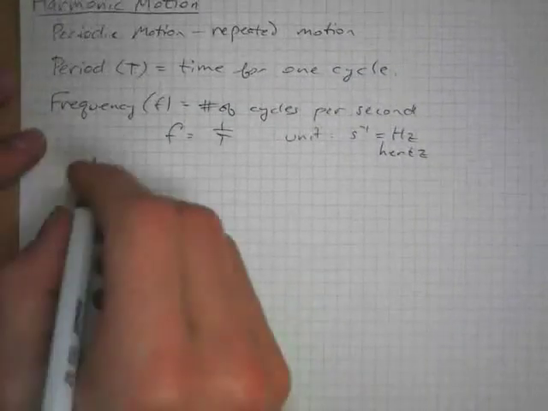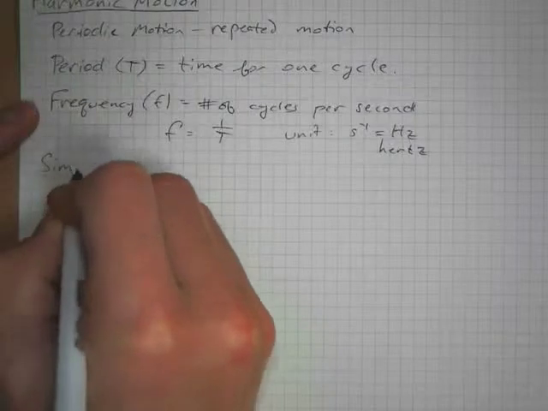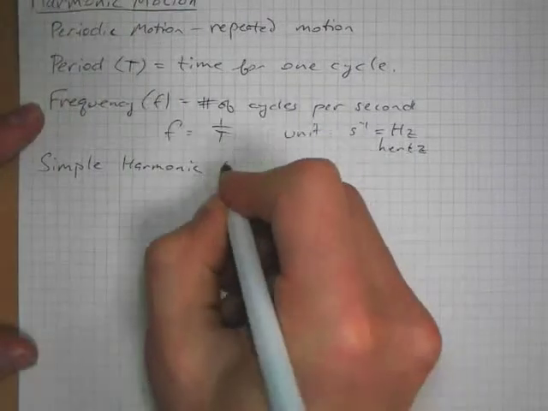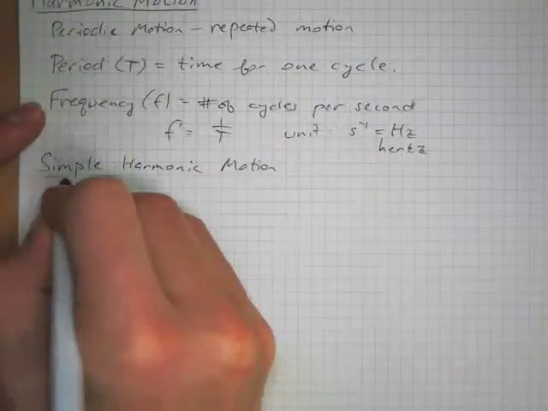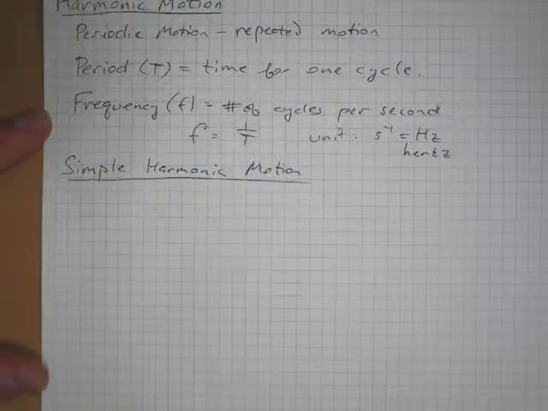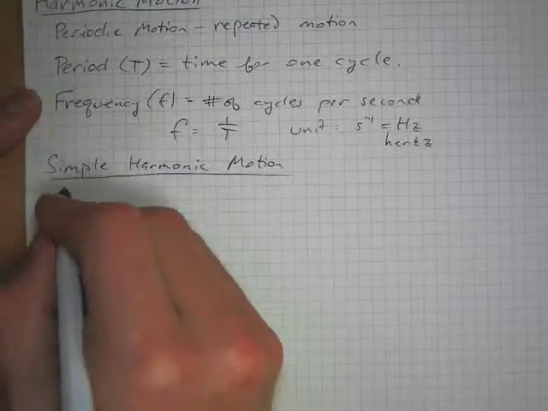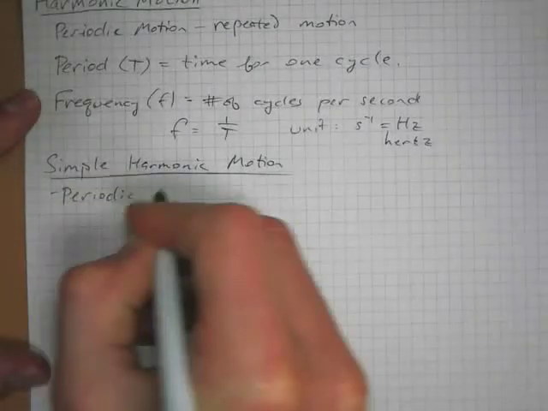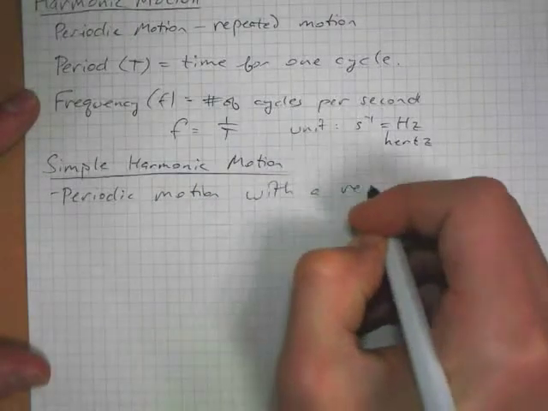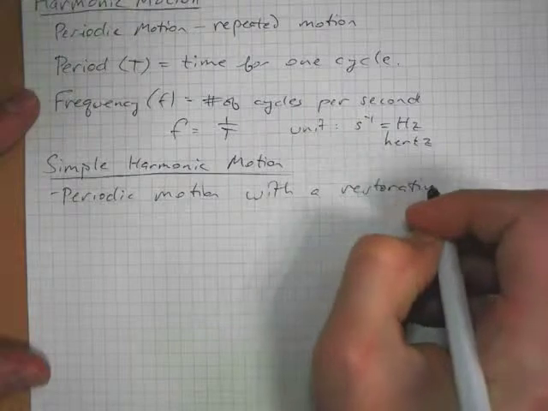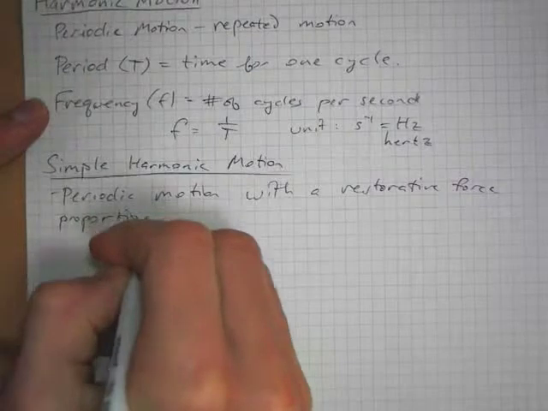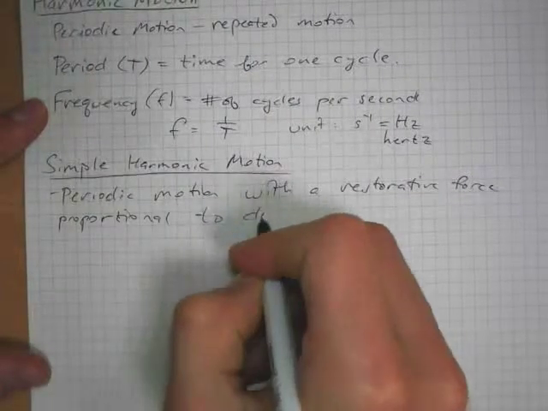Now, more specifically, for simple harmonic motion, which I will abbreviate SHM from this time forward, simple harmonic motion is defined as a periodic motion with a restorative force proportional to distance from equilibrium.